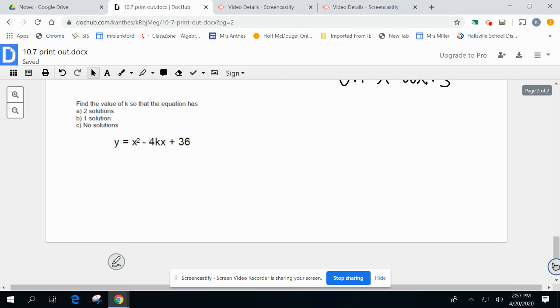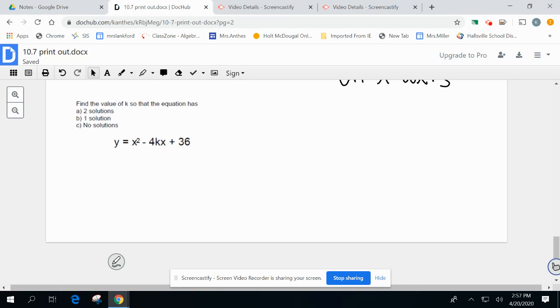Okay, the very last question. Find the value of k so that the equation has two solutions, one solution, and no solution. So what we need to do here is basically find something that we can plug in. Two solutions mean the discriminant is greater than 0. So we need to find a number we can plug in here to make the whole entire thing greater than 0.